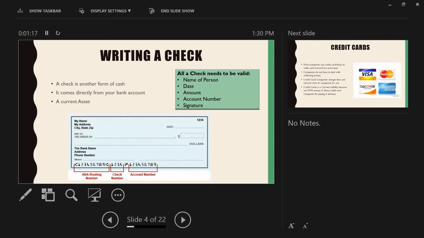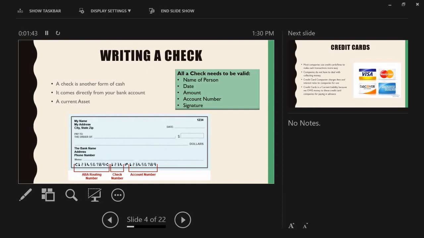Now, what makes a check valid? There are 5 things that you need that make a check valid. Number 1 is going to be the name of the person that you're writing this check to. Full name, actual name, whatever the name is that the bank has on file. Second thing is you need a date.